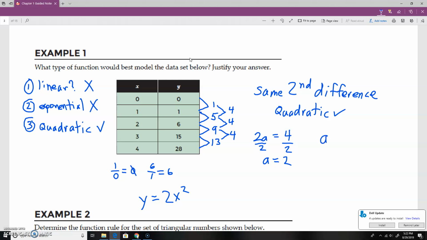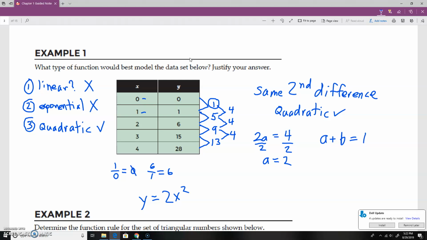The next part is that a plus b is equal to the difference between the y values at x equals 0 and x equals 1. In this case, it's 1. So a plus b equals 1.